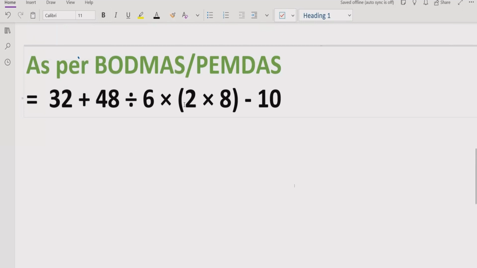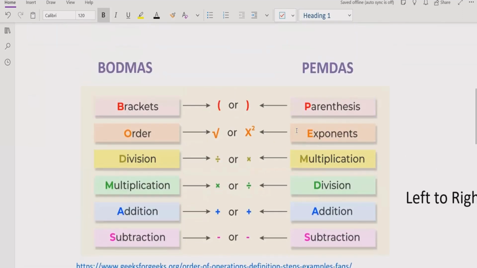Now you can see we have to solve this expression using the PEMDAS and BODMAS method. So first we have to see what the PEMDAS and BODMAS method is. As you can see on the screen, these are the rules which apply on an expression which contains the basic operations.